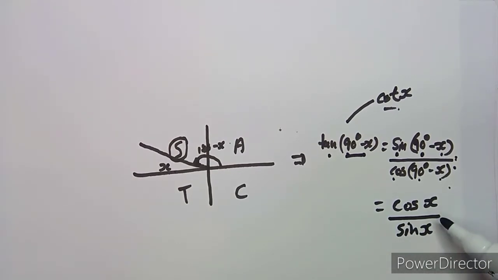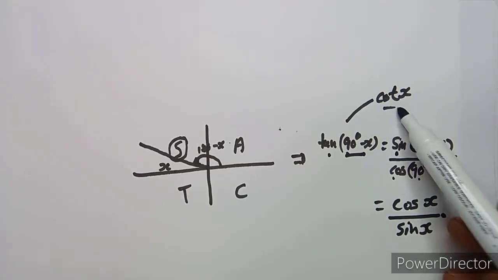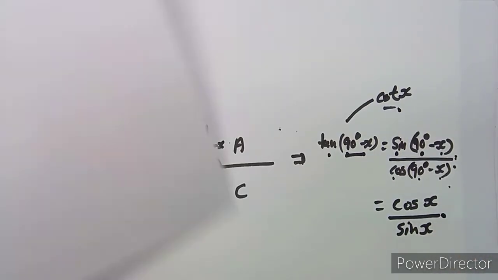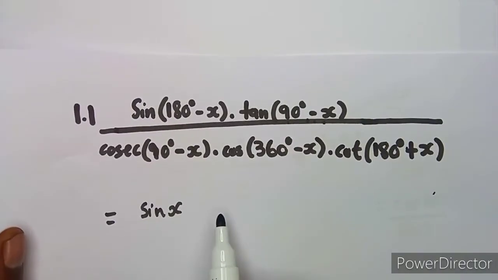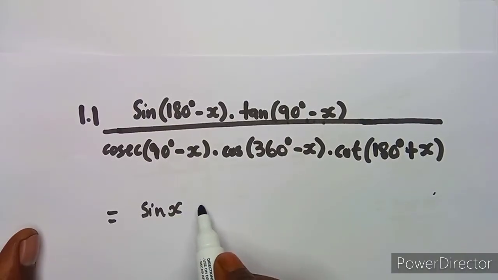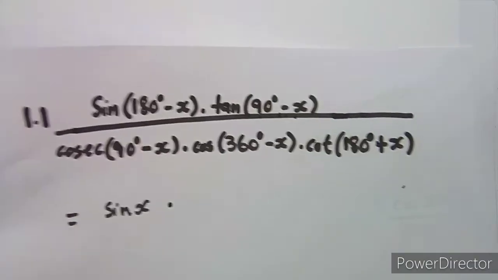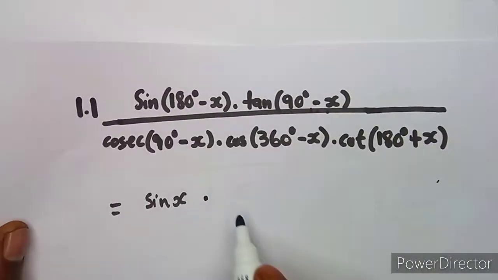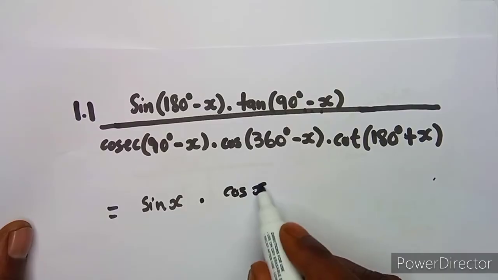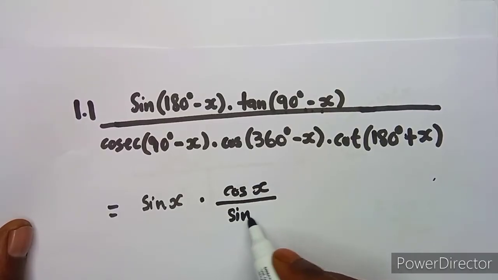I don't know what is best for you, but it's one and the same thing. So this one we are going to multiply by cot x, which is cos over sine. So it's going to be cos x over sine x.